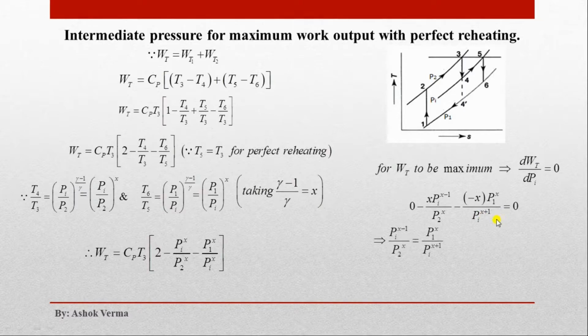After simplifying you will get Pi to the power 2x equal to P1 to the power x into P2 to the power x. So Pi will be equal to the square root of P1 into P2. So for the maximum work output from the turbine, the intermediate pressure should be the square root of the initial pressure and the final pressure.